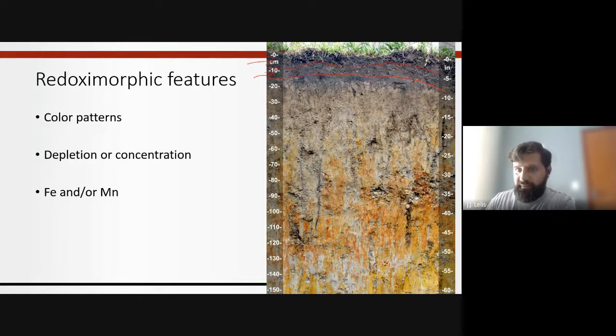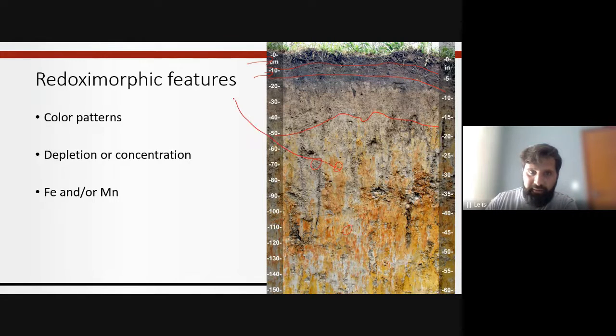But look at this. These are the same horizon, and I see a lot of differences of colors. I can see some yellow, I can see something redder, and I can see something gray. So I can see at least 3 different colors in the same horizon.